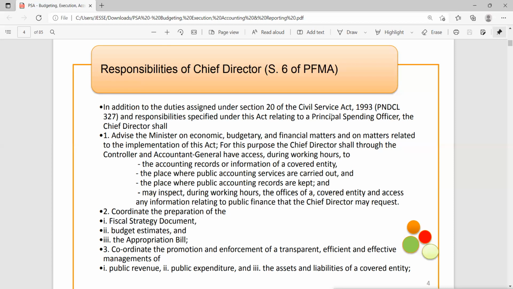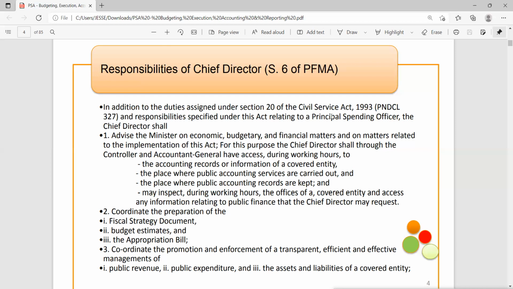Number 3, the chief director also coordinates the promotion and enforcement of a transparent, efficient and effective management of things like public revenue, expenditure, and the assets and liabilities of a covered entity.